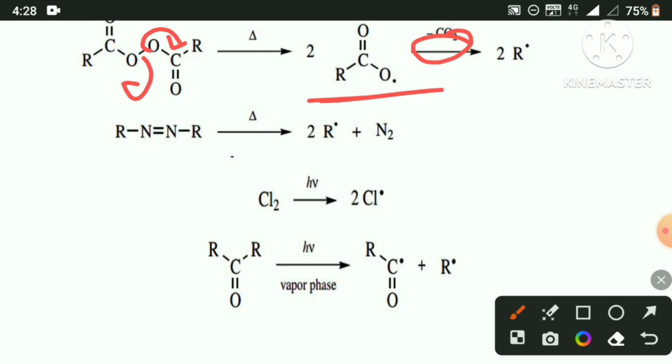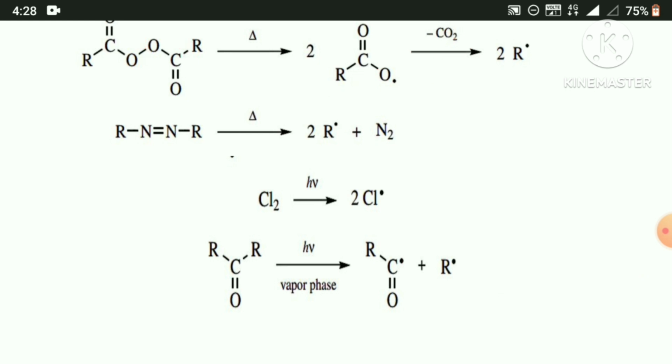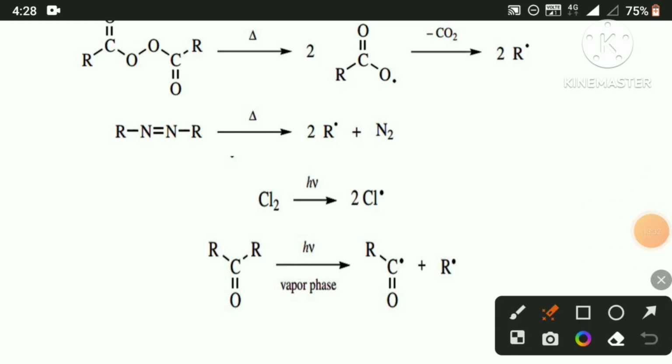The radical electron goes to form a bond with the carbon atom, and another electron coming from the C-R bond forms C double bond O. CO2 is eliminated and an alkyl radical is produced.